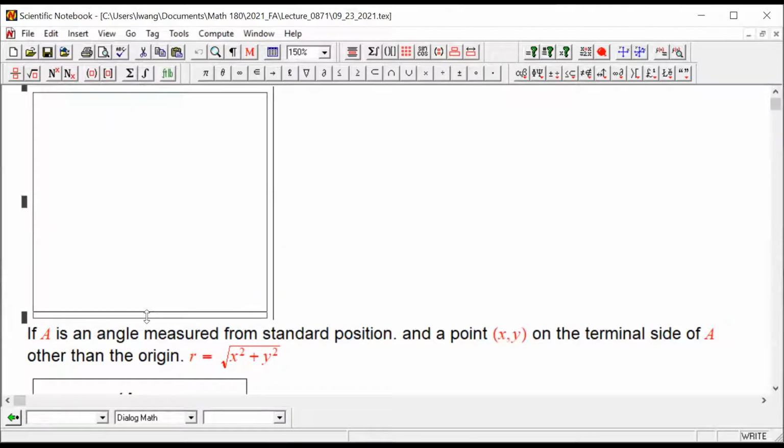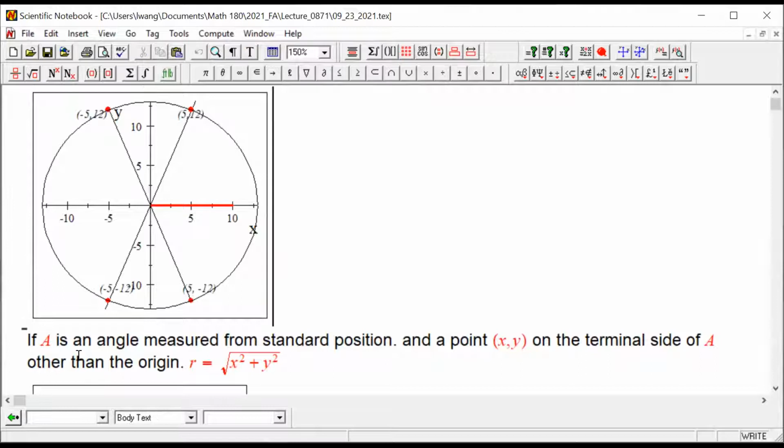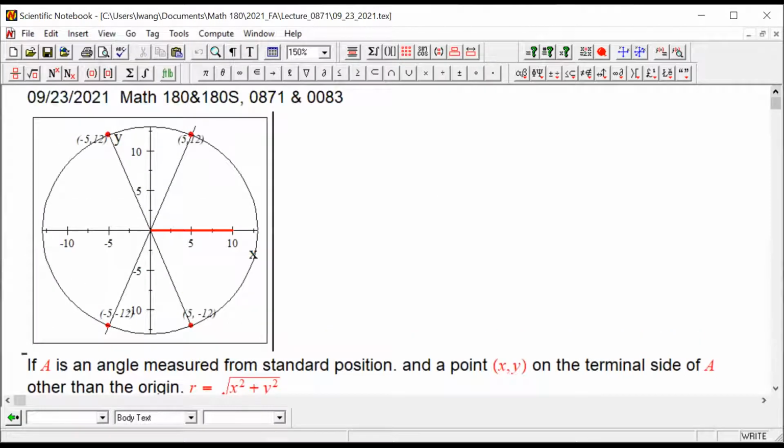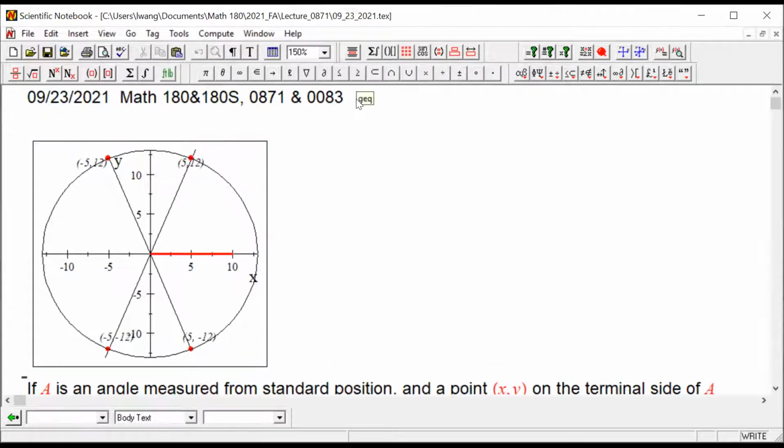Okay, so I draw this circle here. I mainly want to recap what I really want you to understand about this definition. Before we introduce the definition, we talk about A, the angle measurement, how we measure the angle. Why is this angle so important?